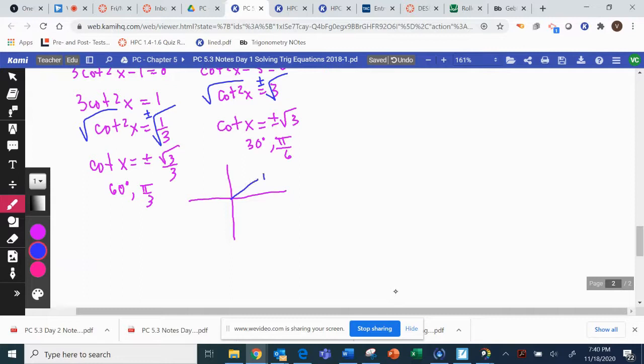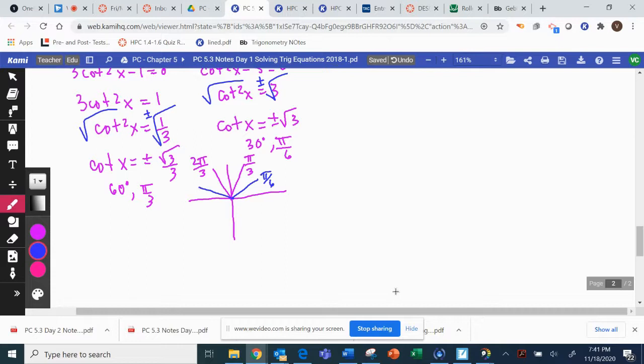We've got pi over 6, which is 30. That's smaller than the pi over 3. Then our next one would be, I wrote pi over 6, sorry. Pi over 3. Then our next one would be 2 pi over 3.